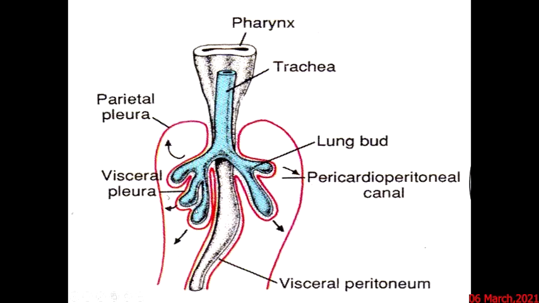And this cavity, the pericardio-peritoneal cavity, is the pleural cavity. This red layer is the visceral pleura, and the outer one, which surrounds the thoracic cavity, is the parietal layer or parietal pleura. It comes from somatic mesoderm, and the visceral pleura comes from splanchnic mesoderm.